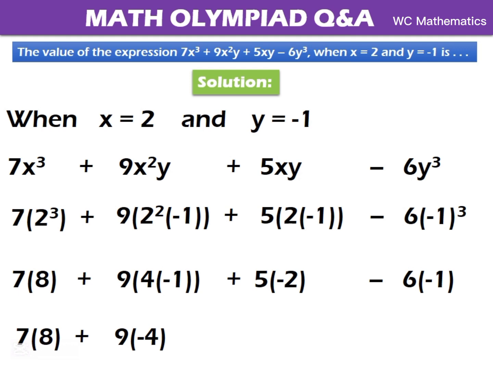Hope you got that. And then we'll keep the plus sign, and the next term remains the same, 5 into bracket minus 2. So finally here, we'll keep the minus sign and the next term remains the same, 6 into bracket minus 1. So as you can see here, all the terms are properly evaluated. We will have to continue the arithmetic to get to the final answer.